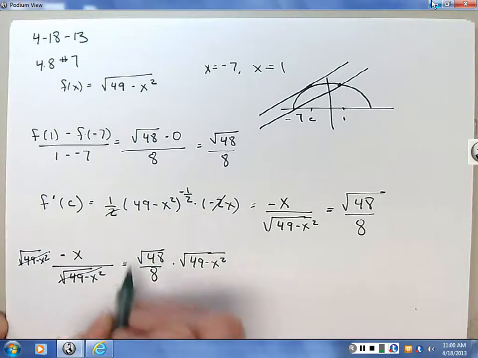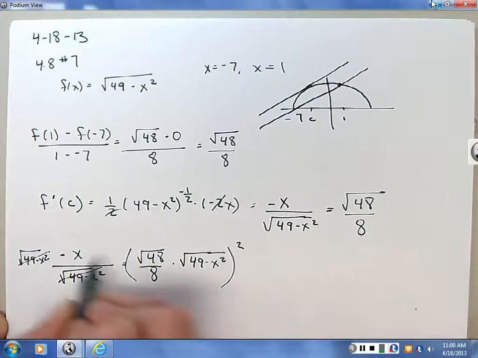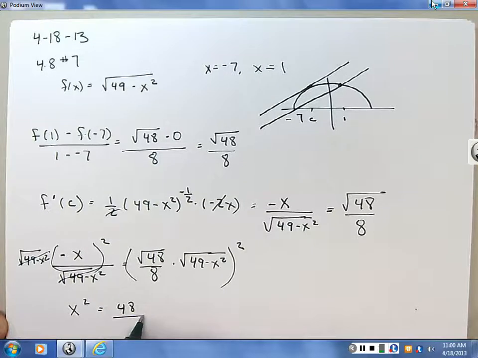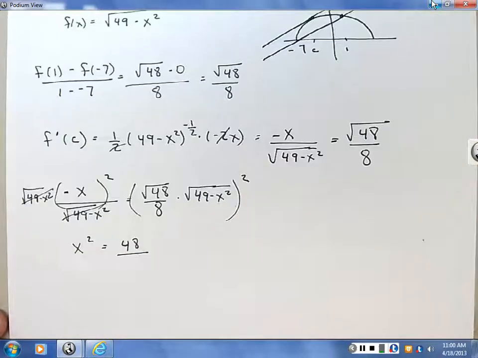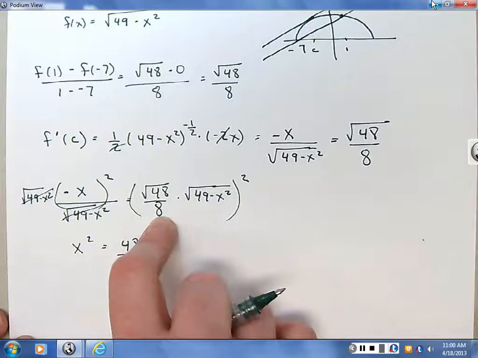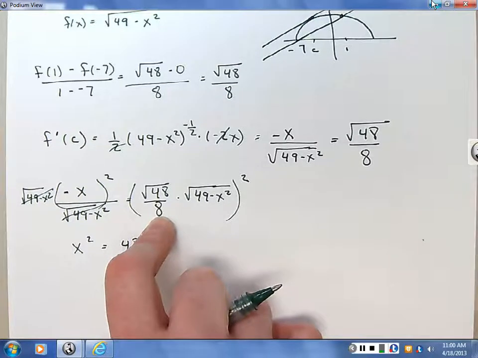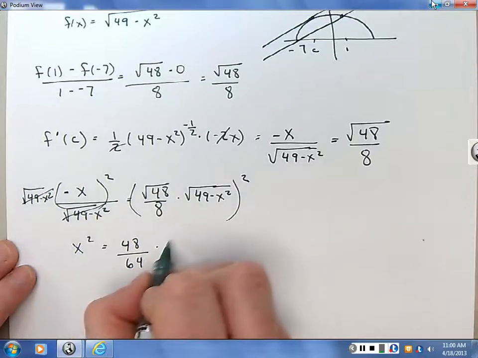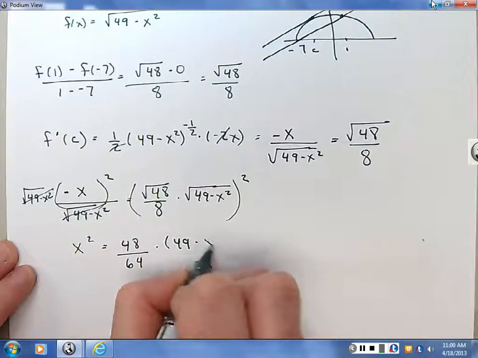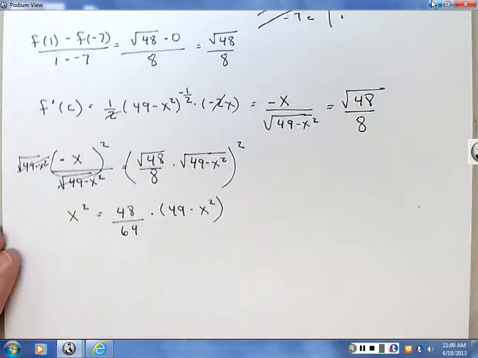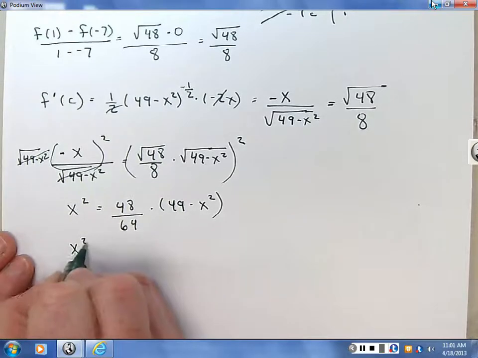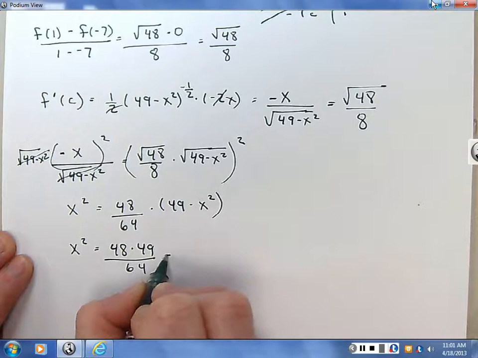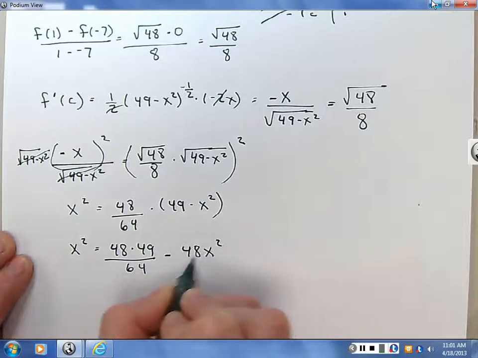So if I multiply both sides by the square root of 49 minus x squared, that cancels. Then if I square both sides, I'm left with x squared equals 48 over, I think, 8 squared, 64, thank you, times 49 minus x squared. So then I have x squared equals 48 times 49 over 64 minus 48 times x squared over 64.